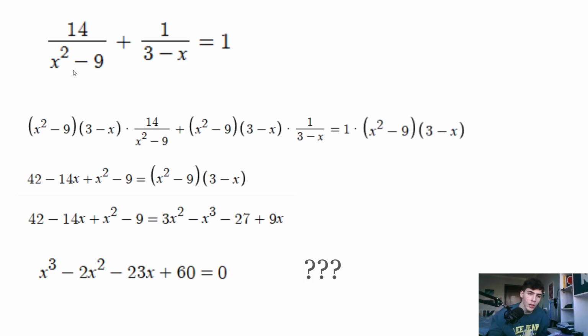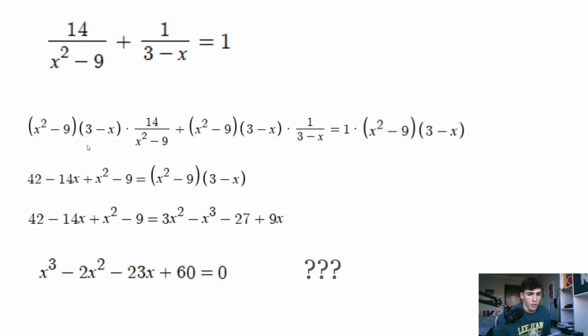So I multiplied this side and this side by the common multiple of x squared minus 9 and 3 minus x. And here x squared minus 9 cancels out with the denominator x squared minus 9. Over here 3 minus x gets cancelled out by the denominator of 3 minus x. This just multiplies by 1 and it stays x squared minus 9, 3 minus x.